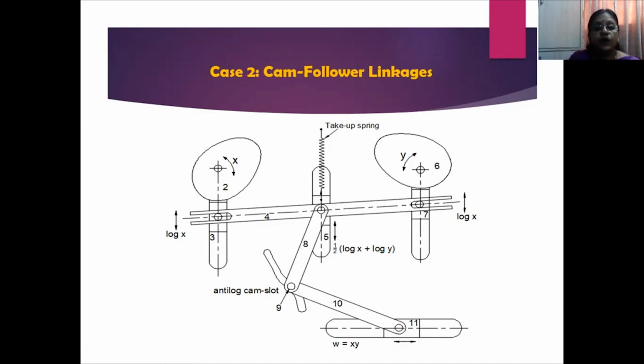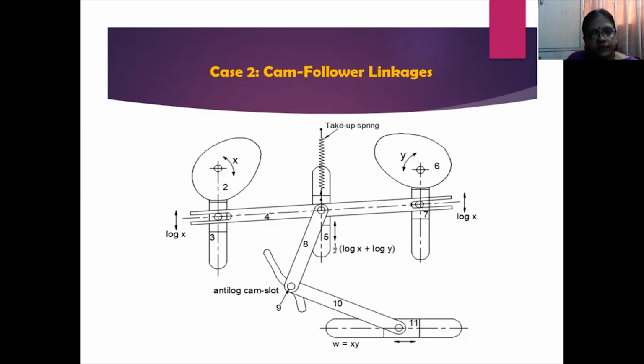So let me explain how it works. Now coming back to cam 2. Cam 2 rotates with a very small angular rotation or motion, X. Similarly, cam 6 is given angular motion, Y. The angular motions X and Y are not the same, they are different, and they are given to the links.